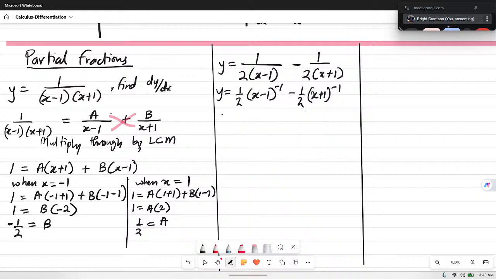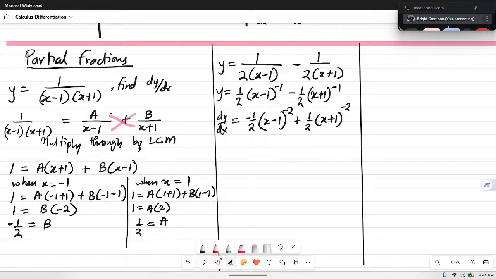So now we can differentiate. dy/dx becomes, this negative comes to multiply, you get negative half. Subtract 1 from the exponent, negative 1 minus 1 giving you negative 2. This negative multiplies this negative, becoming positive half (x plus 1), subtract 1 here, giving you negative 2.